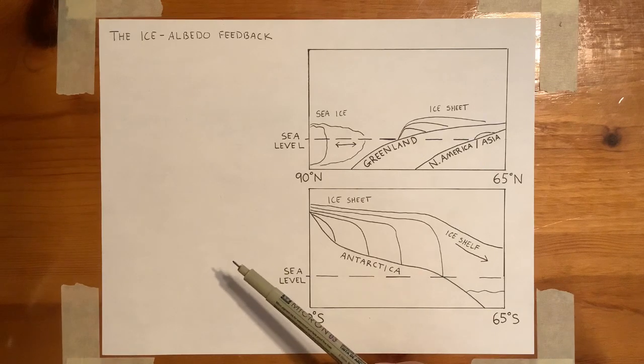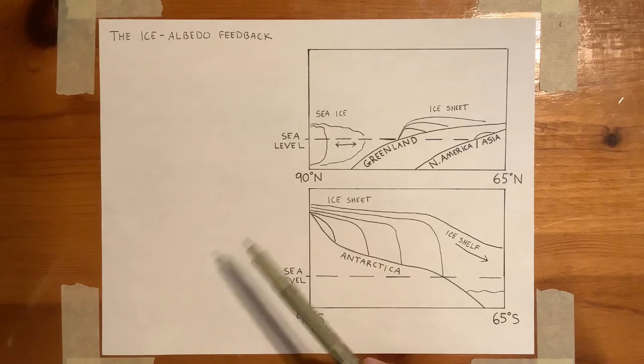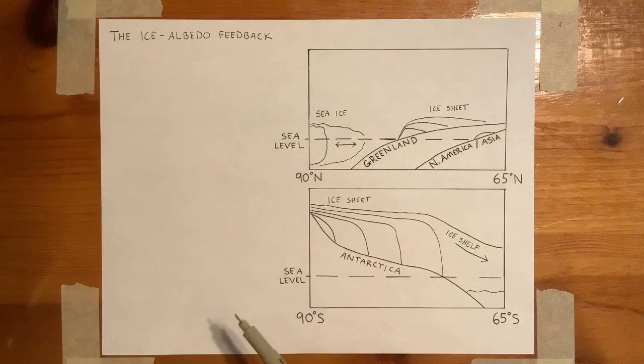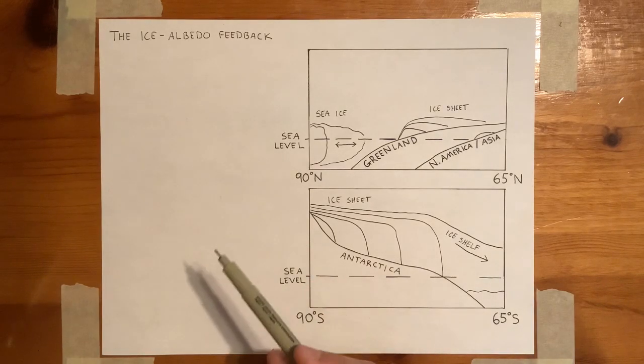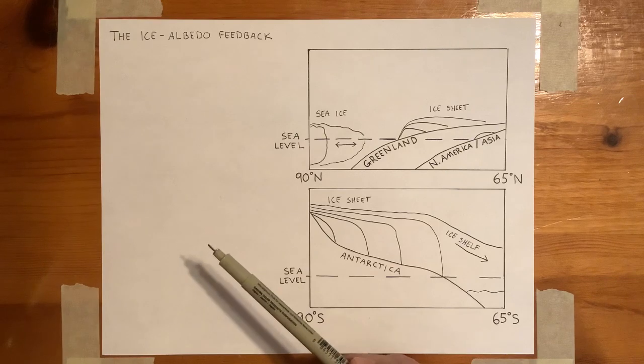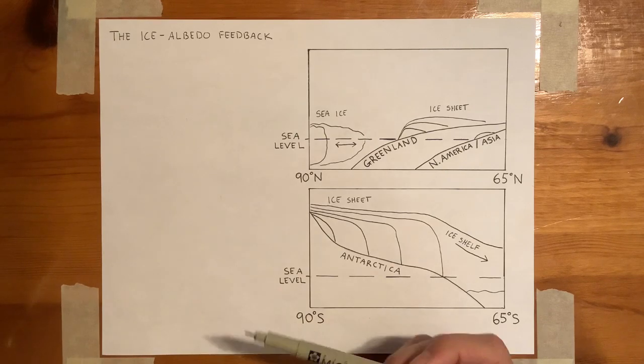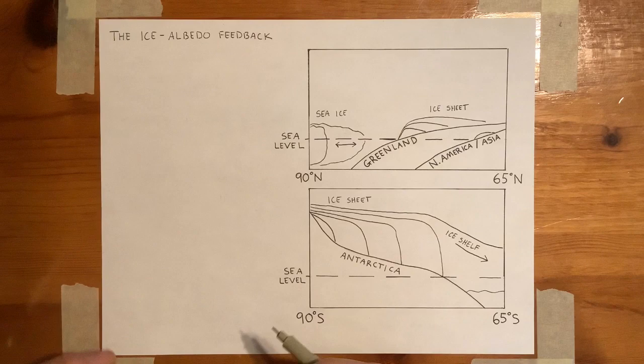And that's one of the reasons that the poles are colder than the equator. They have a higher albedo. Okay, so if we think about the albedo of some surfaces that are common in the poles, let's think about the kind of average albedo of a tundra environment.